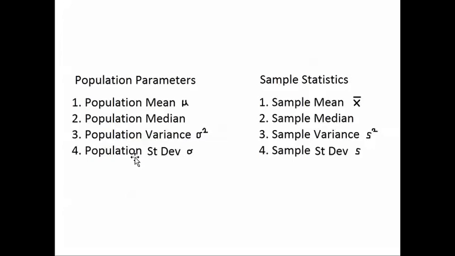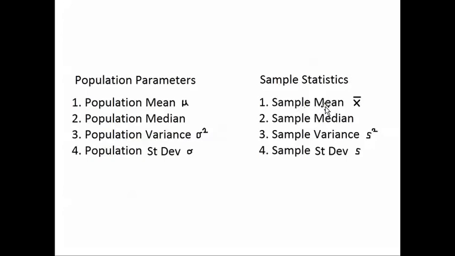And the population standard deviation symbol is just sigma. The reason why the population variance is sigma squared and the population standard deviation is sigma is because the standard deviation is just the square root of the variance.